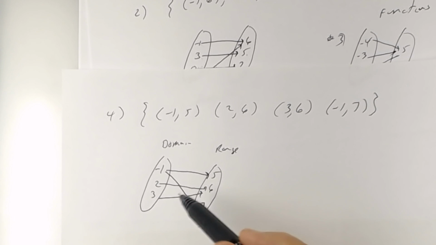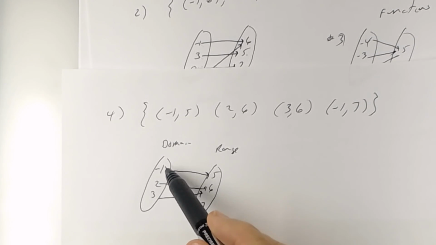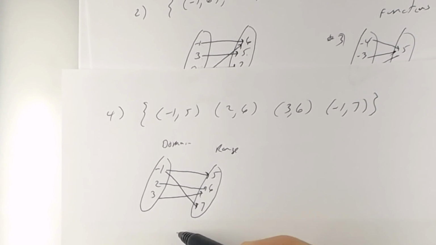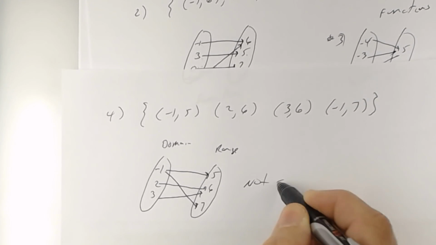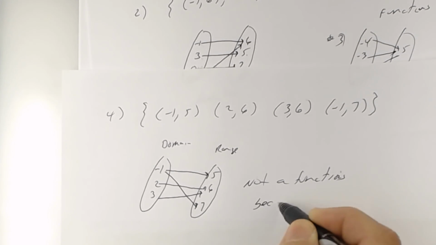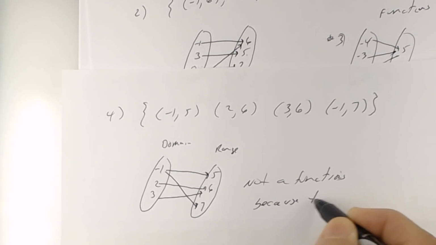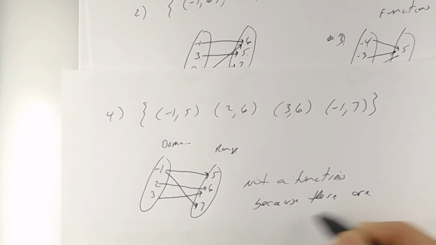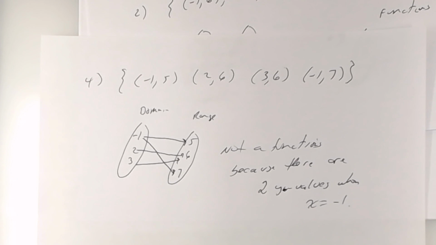Now, let's talk about this. When x is -1, do I only get 1 y value? No, I get how many y values? 2. So this is not a function because there are 2 y values when x equals -1.